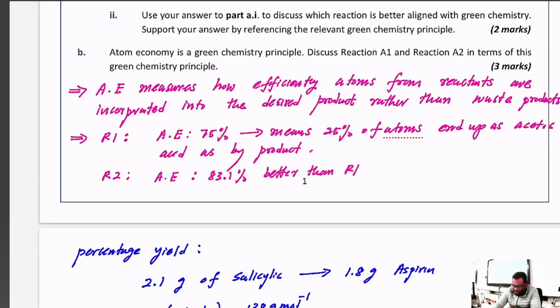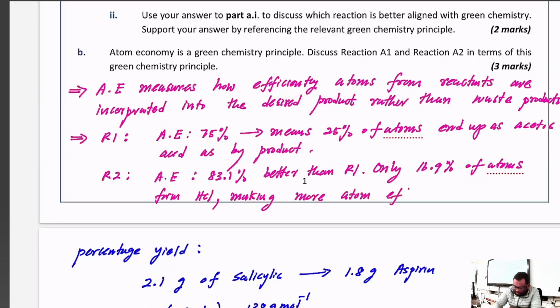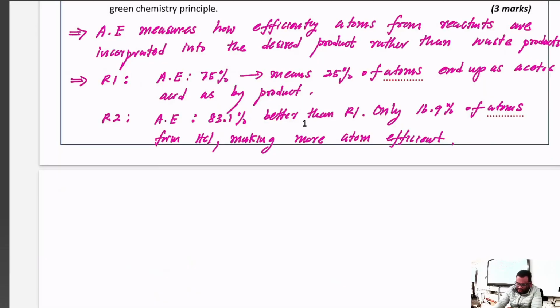Only 16.9% of atoms form HCl, making it more atom efficient. Okay, this is fine.